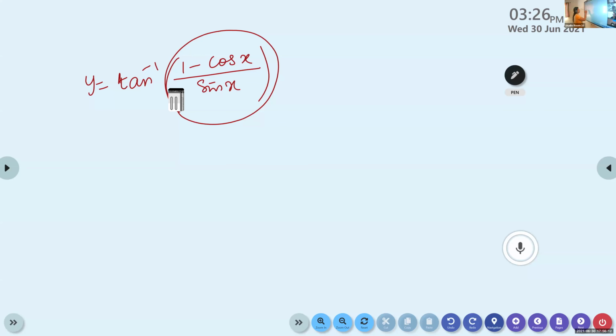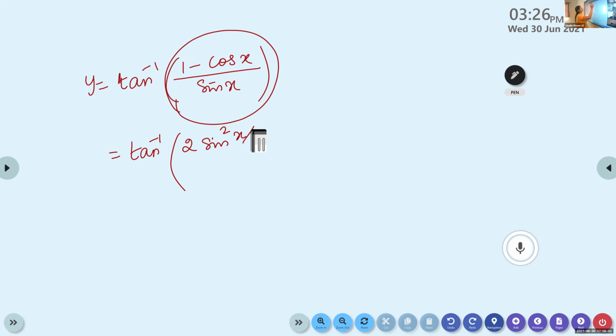What is 1 minus cos x? What is 1 minus cos theta? 2 sine square theta by 2, the half angle formula. We are using half angle.